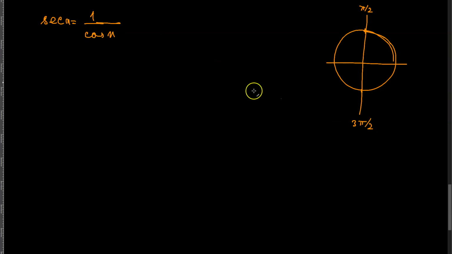At 3 pi by 2, 1 over cos of 3 pi by 2 is 1 over 0. Again, secant x is undefined. At, for example, 5 pi by 2, 1 over cos of 5 pi by 2 is equal to 1 over 0, and there again secant x is undefined, and so on and so forth.